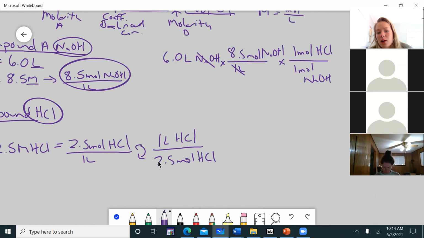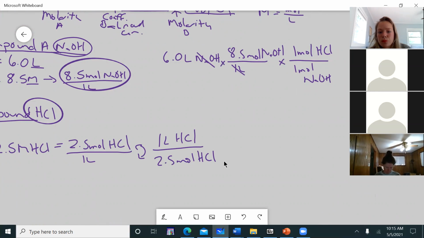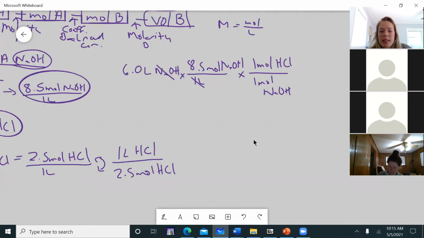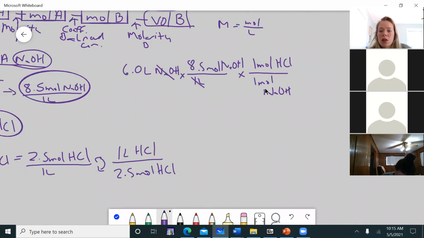Remember, these are conversion factors. It's a 1-to-1 ratio, so we can always flip-flop them. So I'm going to take this and stick it in over here. So 1 liter, I want that on top, 1 liter of HCl for every 2.5 moles.